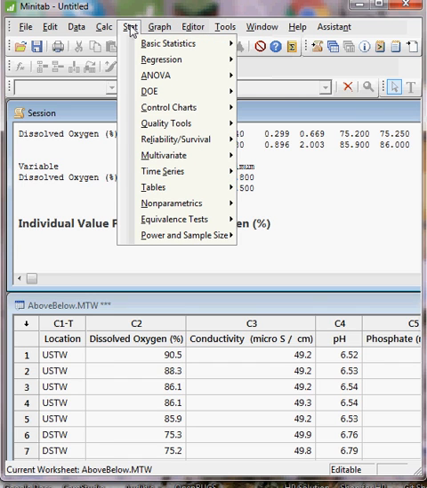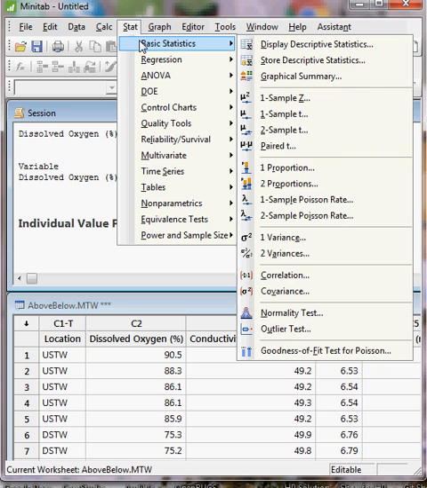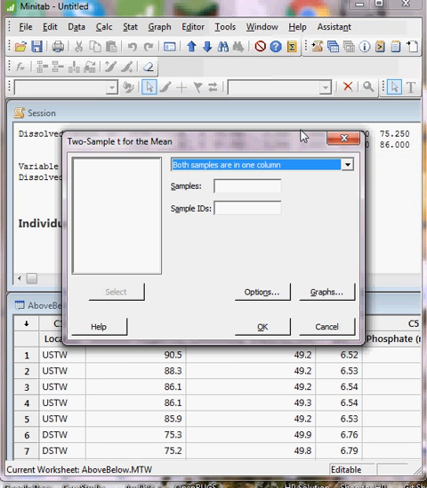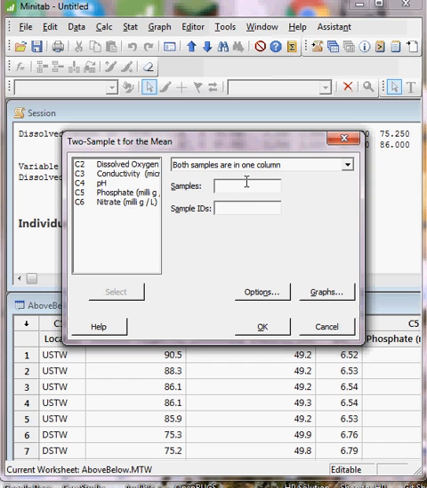But now we want to perform a particular test, and under basic statistics it let us conduct something called a two-sample t-test. And the whole idea here is that we're trying to test the null hypothesis that both samples were taken from the same environment, and if we reject that null hypothesis we conclude that they're very different.